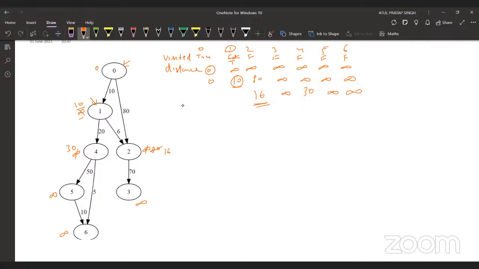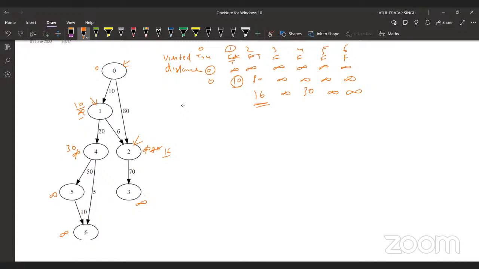So we will check this 2 now, and we mark it as visited, and we will check where we can move from this 2. There is only one vertex we can move to: 2 to 3. The distance till 2 is 16, and 2 to 3 is 17. So the total is 33, which is less than the infinite value.